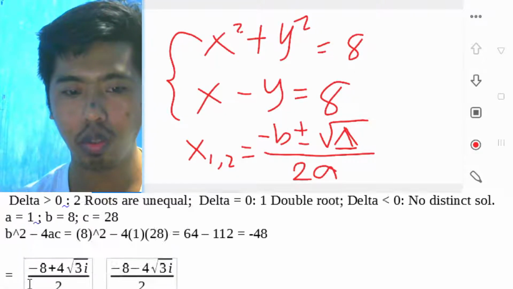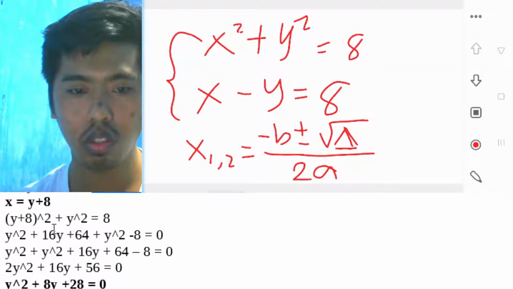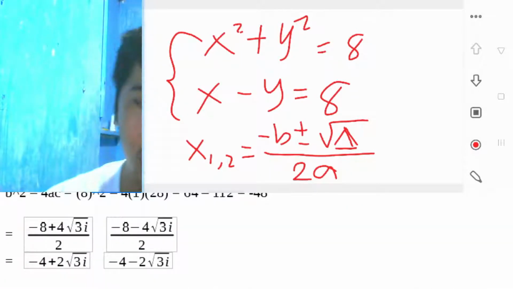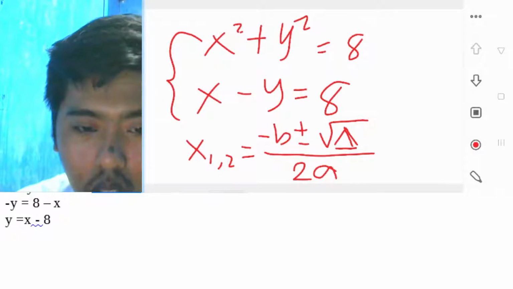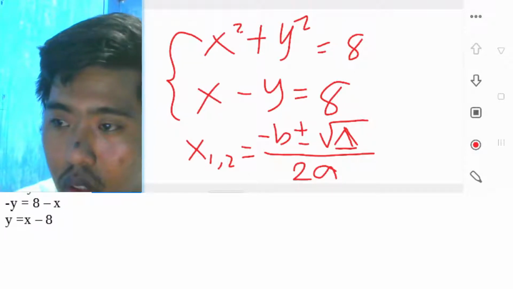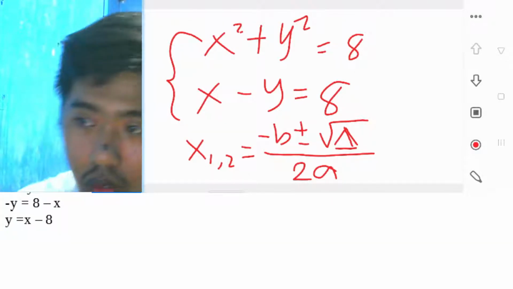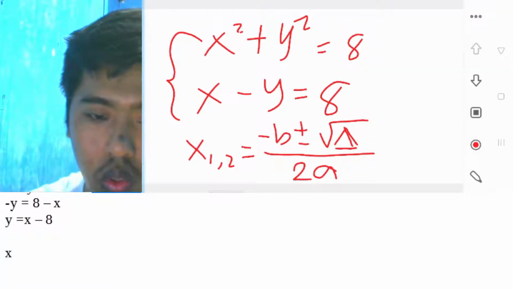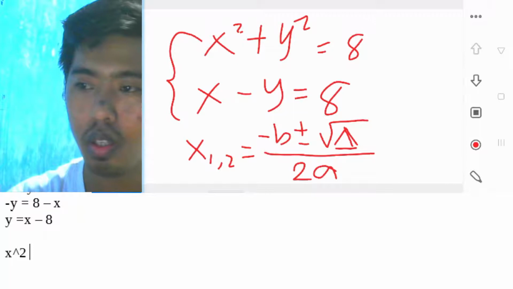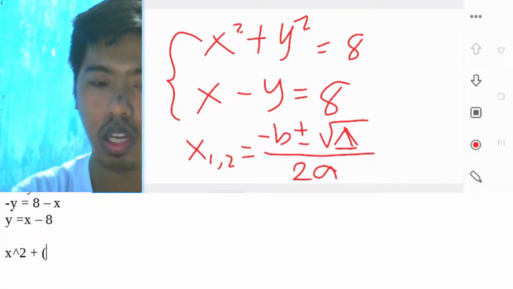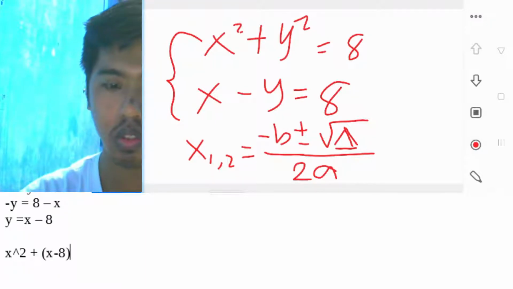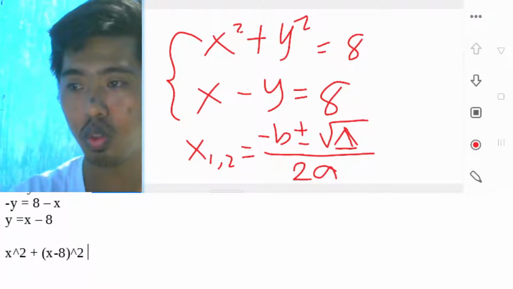So kana atong gamiton x minus 8 are kay y plus 8. So next atong gamito na siya to our second equation, the first equation, x square. So x square plus atong i-substitute x minus 8. Okay, square equal to 8.